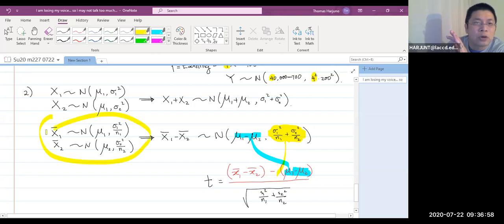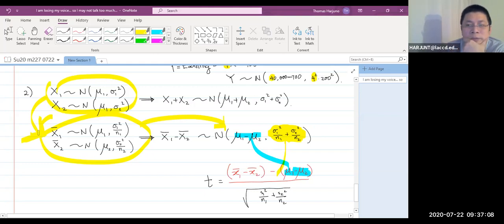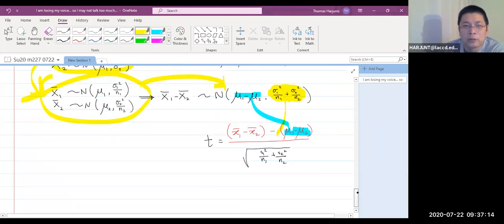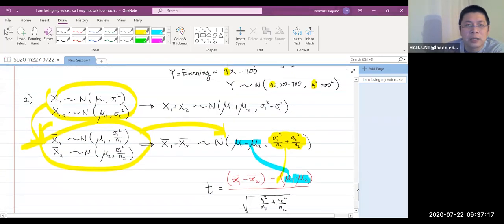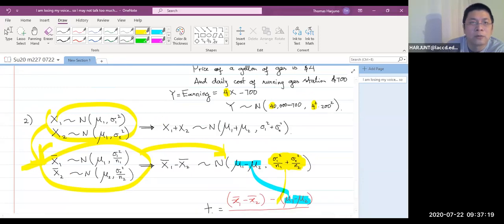So if this is already normal, this is true. Okay. Now the thing is, for this to be normal, then the central limit theorem applies there. Okay. Now, if you get it, good. If you don't get it, fine. Don't worry about it.